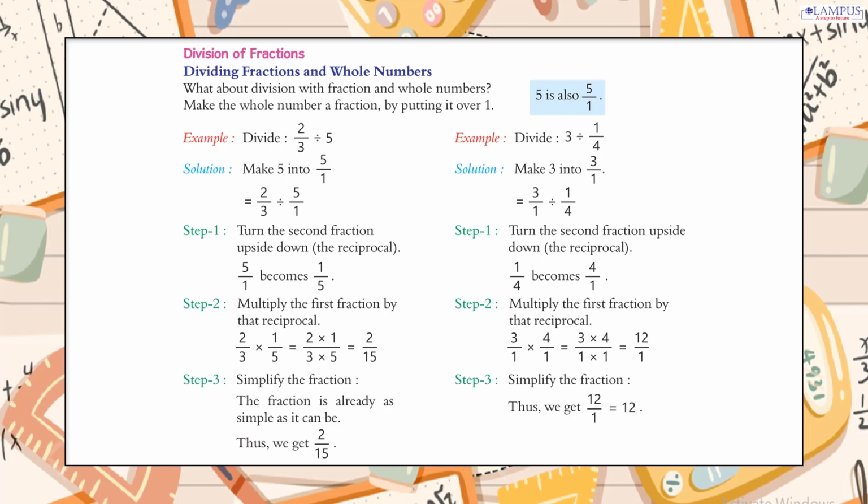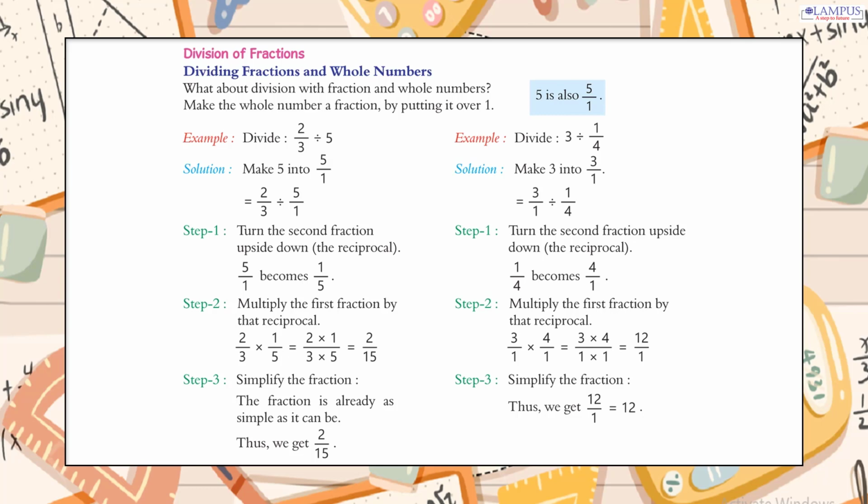Example. Divide 3 by 1/4. Solution. Make 3 into 3/1 equals 3/1 divided by 1/4. Step 1. Turn the second fraction upside down, the reciprocal. 1/4 becomes 4/1. Step 2.